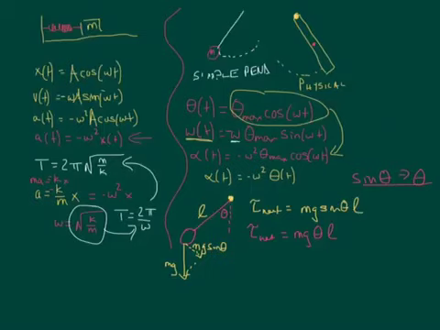Simple harmonic motion requires acceleration proportional to the displacement, whether it's linear or angular displacement. So we need to get some kind of expression for the acceleration out of this. Remember that torque is also I times alpha. So we can replace that and say I times alpha is mg theta times the length of the pendulum. So that makes alpha equal to mg theta times the length over the moment of inertia.